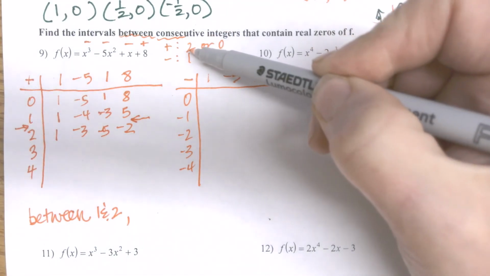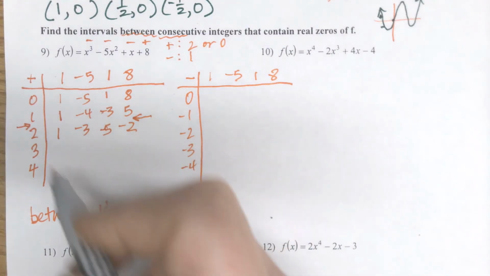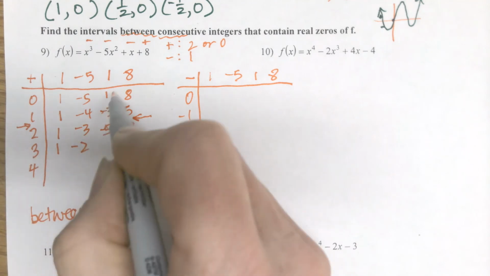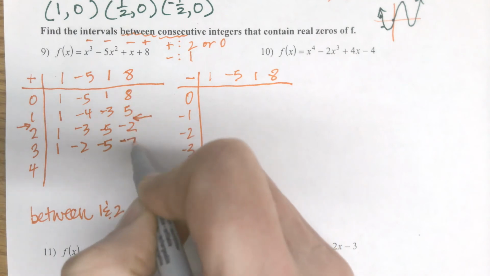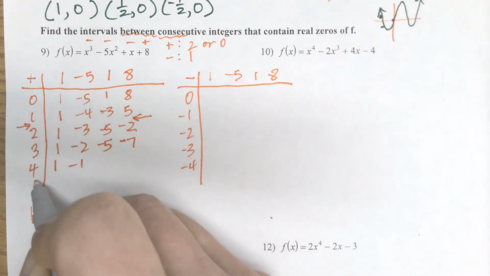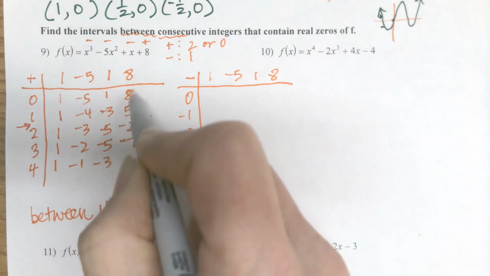Now I found one positive zero, so there must be another one in there. So I'm going to keep going until I find another change. So bring it down, multiply and add. I'm still negative. Put in 4, multiply and add.